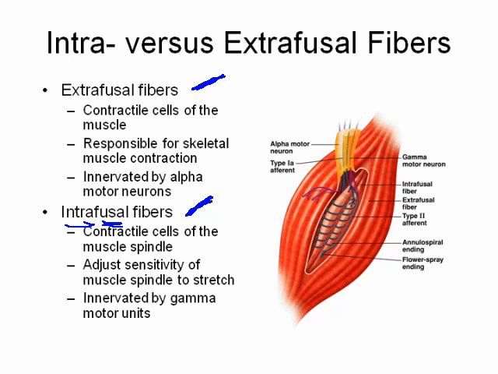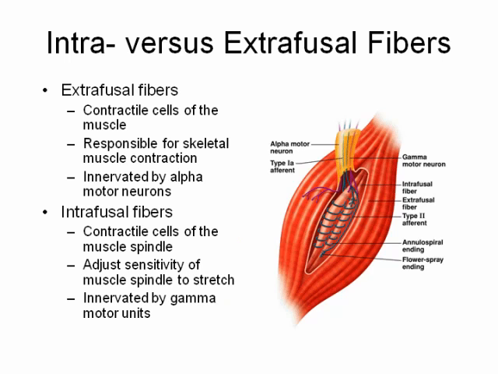So these are within the spindle, and they are contractile, but they do not contribute to the whole tension developed by the whole muscle. They do not contract or cause the muscle tension to develop. What they do is they contract within the muscle spindle itself to help sustain the sensitivity of this muscle spindle. So they adjust the sensitivity of the muscle spindle to stretch, and they are innervated by what's called gamma motor neurons.